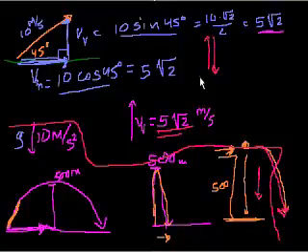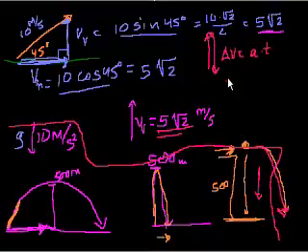To go up, it's going to start at this speed, 5 square roots of 2, and then at the top it's going to have 0 speed. So it's going to decelerate from 5 square roots of 2 to 0 in some amount of time. And here we could just use the very simple equation: change in velocity is equal to acceleration times time.